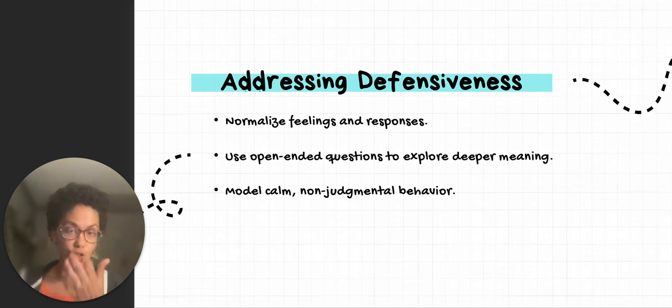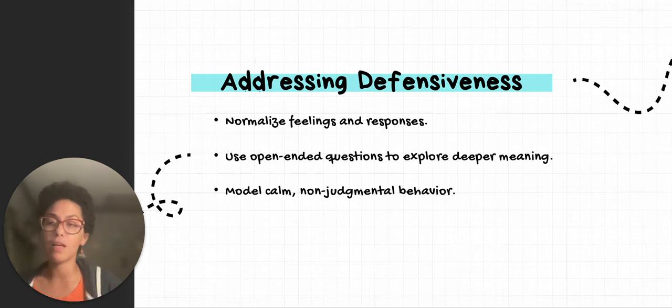The leader can gently challenge defensiveness by inviting members to explore the underlying feelings and thoughts behind their reactions. This can be done with empathy and curiosity. So you could be asking open-ended questions like, what are you feeling right now? Or what do you think is behind this response?